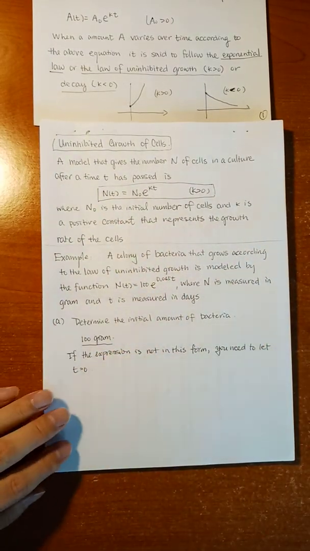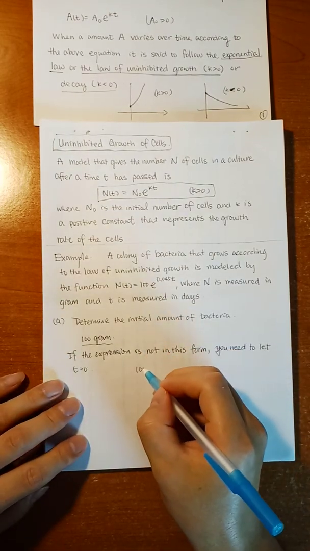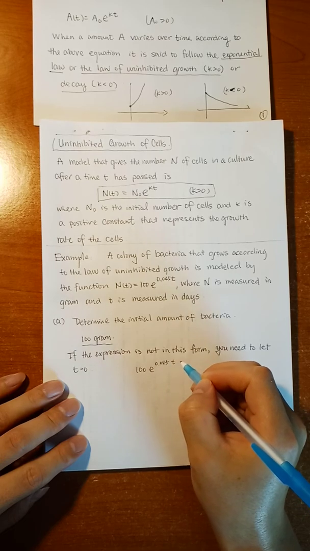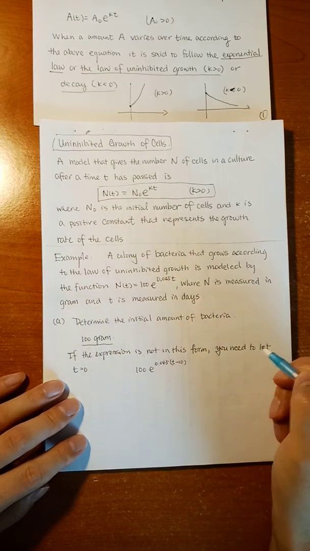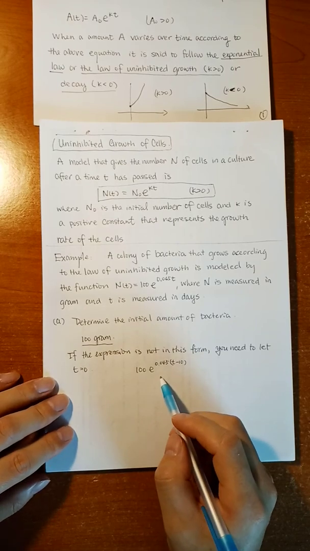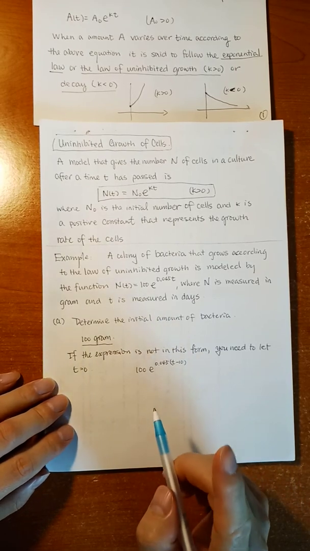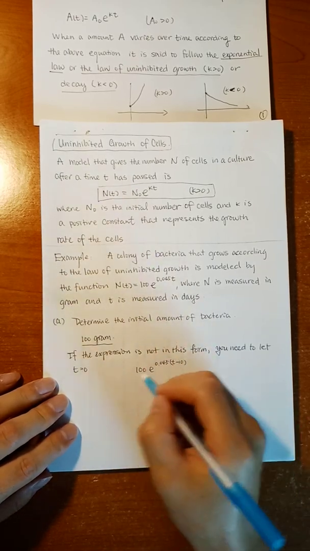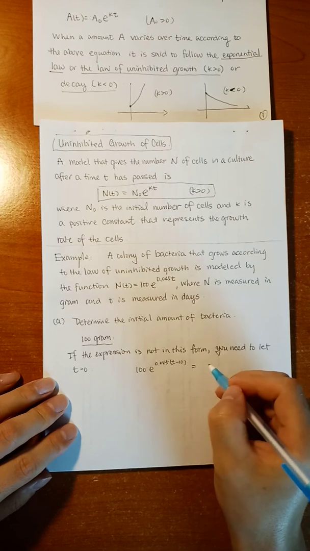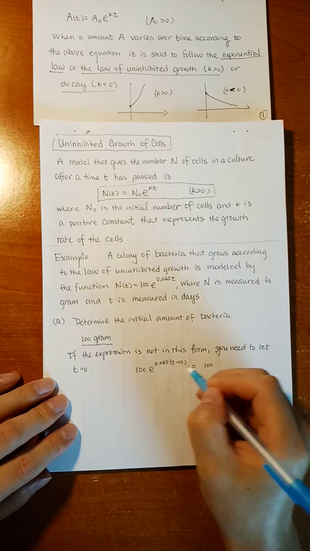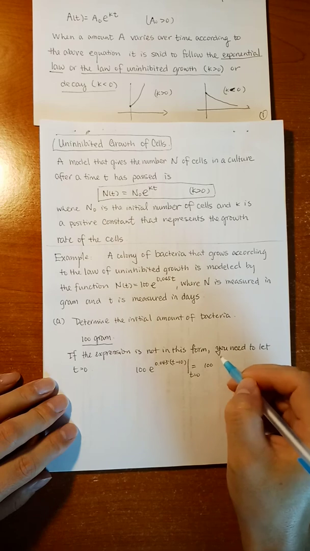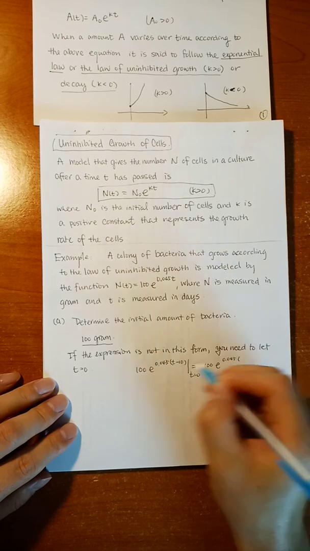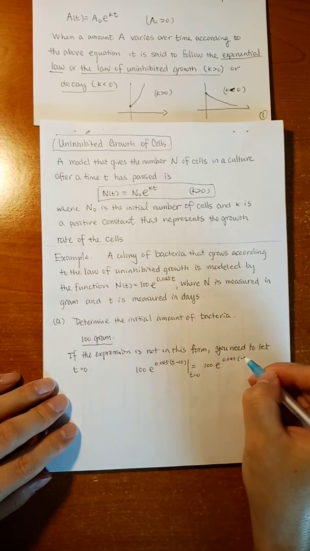So for example, I just say for example, maybe your expression looks like this. If your expression looks like this, you have to let t be 0. Okay? The initial amount is the number when t is equal to 0. If this happens, it becomes 100 e to the 0.045 times 0 times minus 10, which is negative 10.